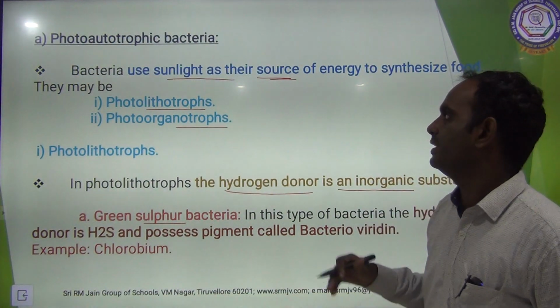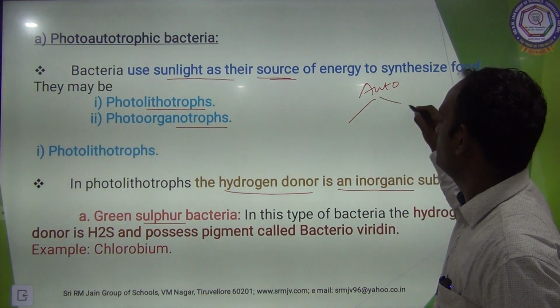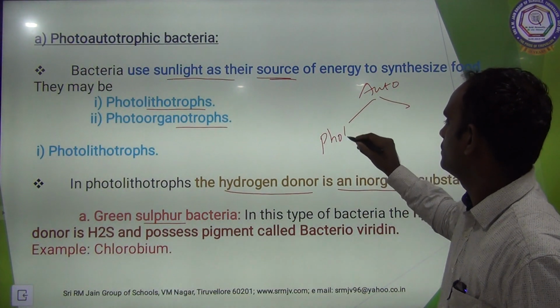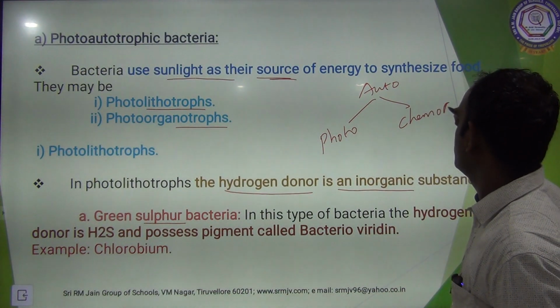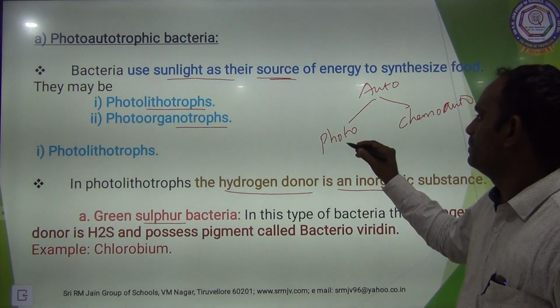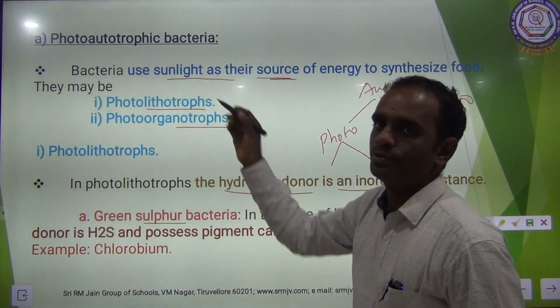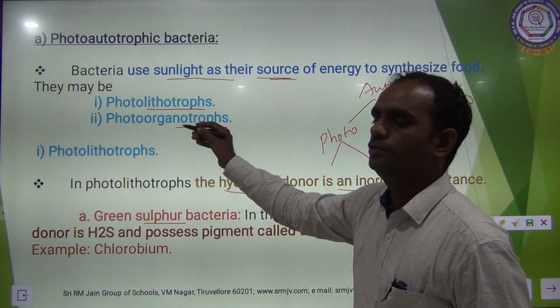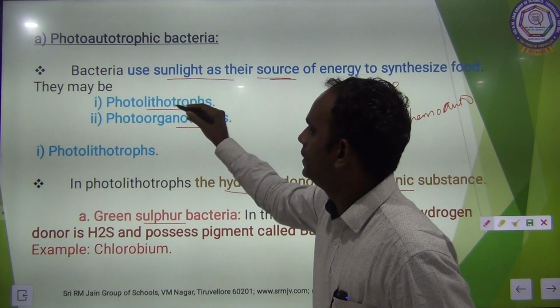Once again I am repeating. Autotrophic is divided into photoautotrophs and chemoautotrophs. This photoautotrophic again subdivides into photolithotrophs and photoorganotrophs.